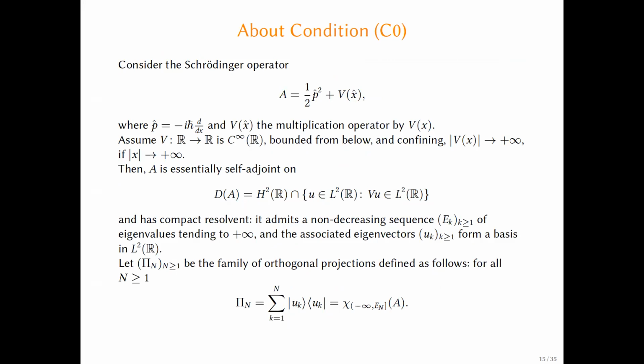So this operator is essentially self-adjoint and has eigenvalues accumulated at infinity and so on, and it is very well known. And so one can consider the family of the spectral projections of A, and using the spectral functional calculus, one can write it in this way, where E_k is the sequence of the eigenvalues.